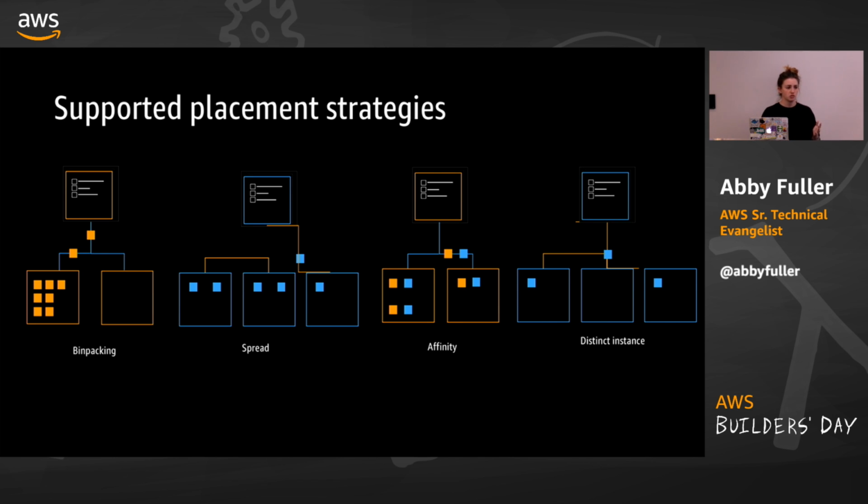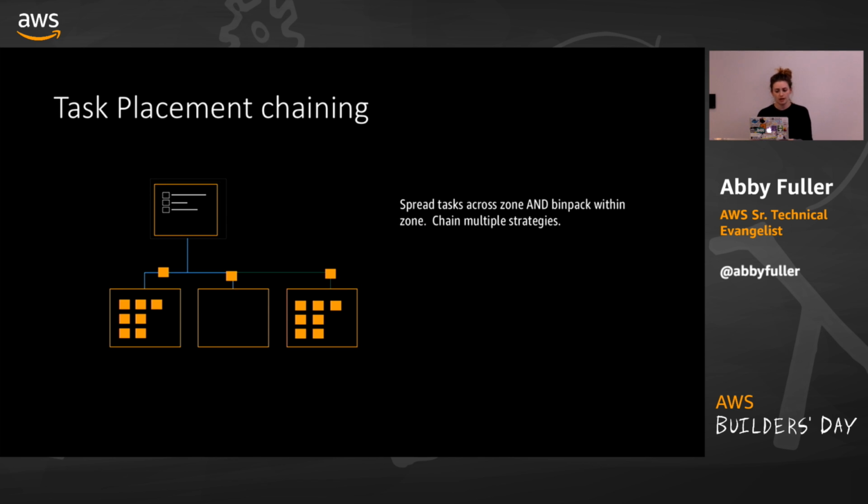You have affinity, which means go in groups. So if I have task A and task B, and they belong together, the placement engine will always put task A and task B together, and keep them in pairs like that. Distinct instance tries to keep one copy of that task on every instance that's running in your cluster. So if I have one on 2 of the instances that are running and I have one that's empty, fill that empty one before moving on to another instance.